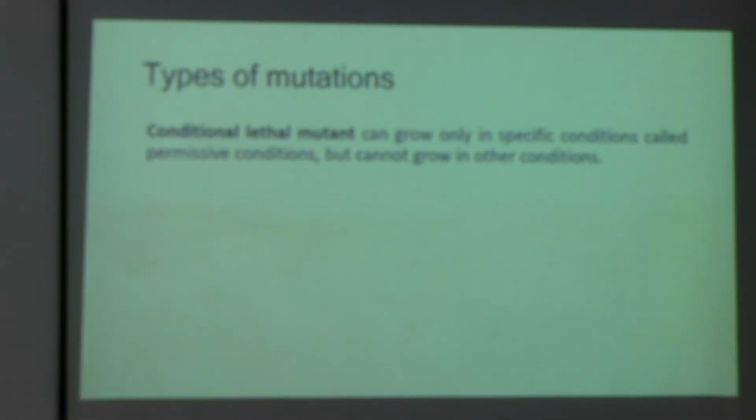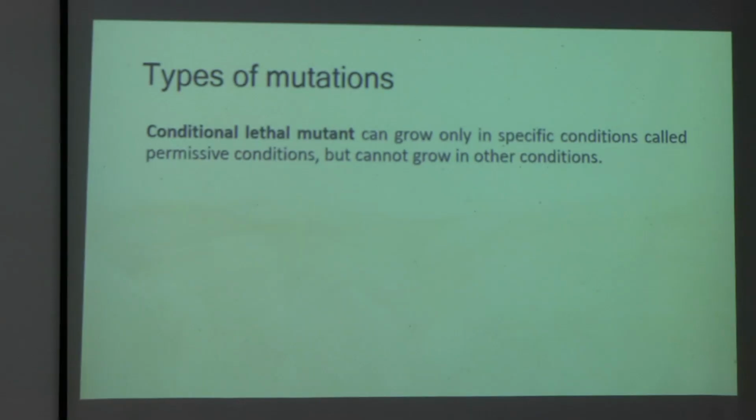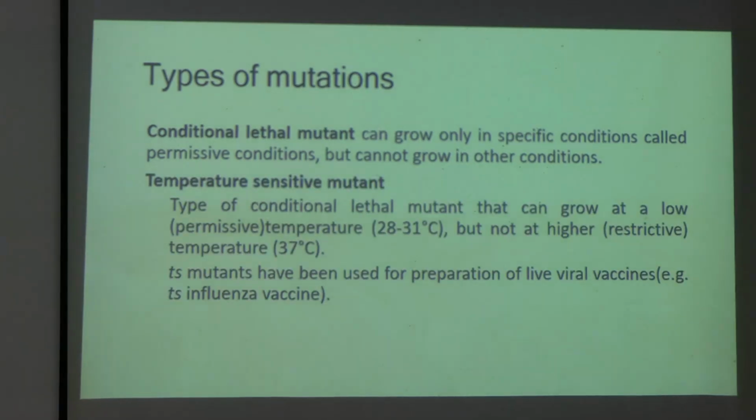So, types of mutations. One is the conditional lethal mutant. These mutants can only grow in specific conditions. If you take them out of the specific condition, they cannot survive or thrive. Another is called the temperature sensitive mutant. This can grow at low temperatures like 28 to 31 degrees, but it is very restricted at 37 degrees.